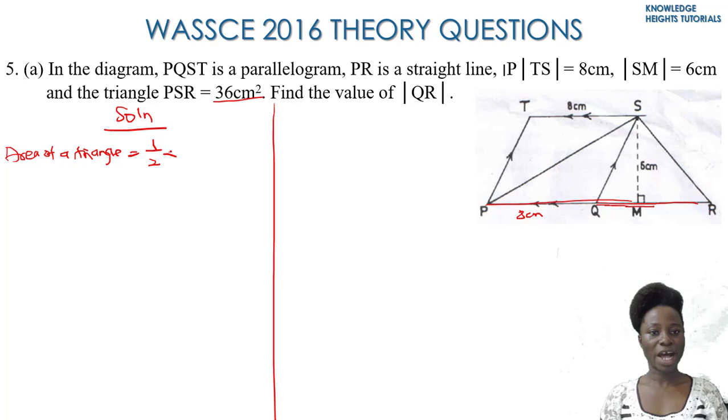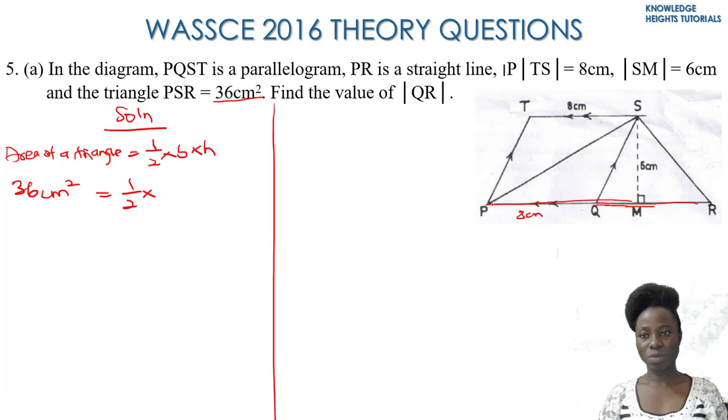What's the formula? It is half times the base times the height. So we have 36 centimeters squared being equal to half times the base. What's the base of the triangle? It is line PR, which is the base, times the height, which is 6 centimeters. That is SM, 6 centimeters.